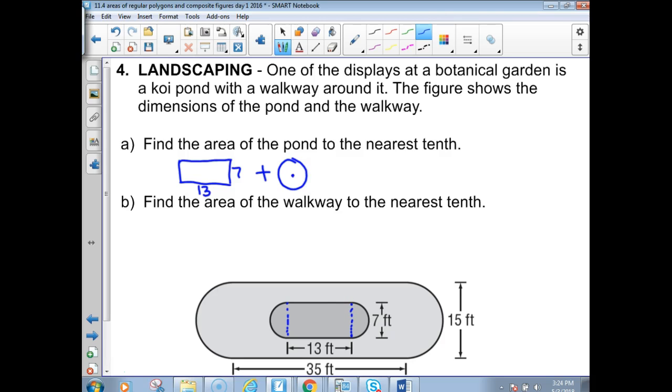Thanks, Chloe. All right, then we want the radius of that circle. Its diameter is 7, so its radius is 3.5. Okay. 13 times 7 is the area of the first part. That's the easy part.